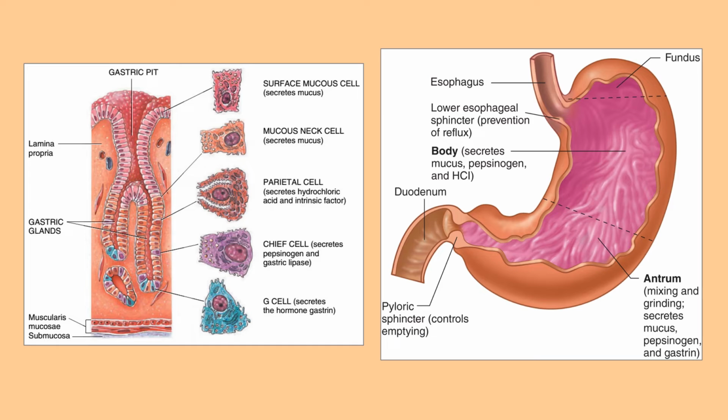As you can see, there are several different types of cells that form gastric pits. They're all secretory cells. They all produce and release something. Most of those components belong to gastric juice, but notice that the G cells at the very bottom do not create components of gastric juice, but rather they secrete a hormone called gastrin, and that gastrin diffuses into the blood.